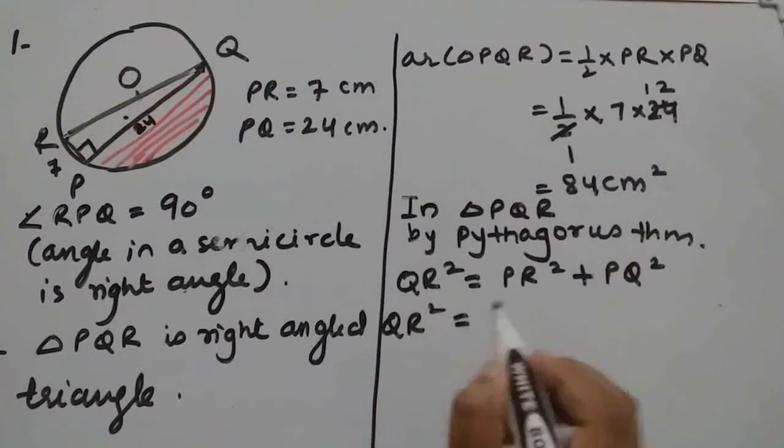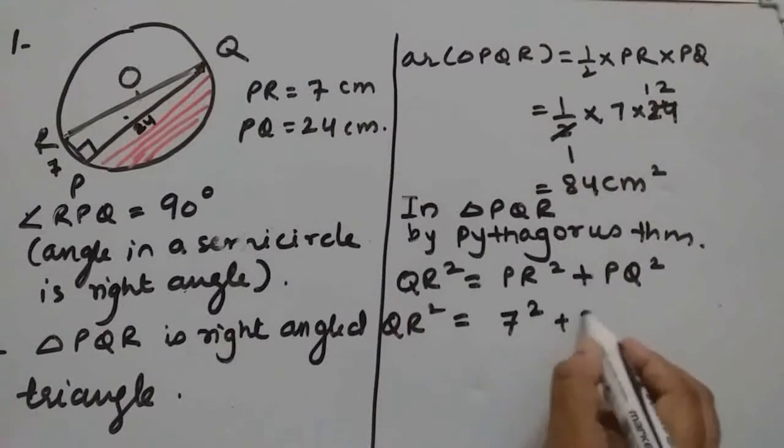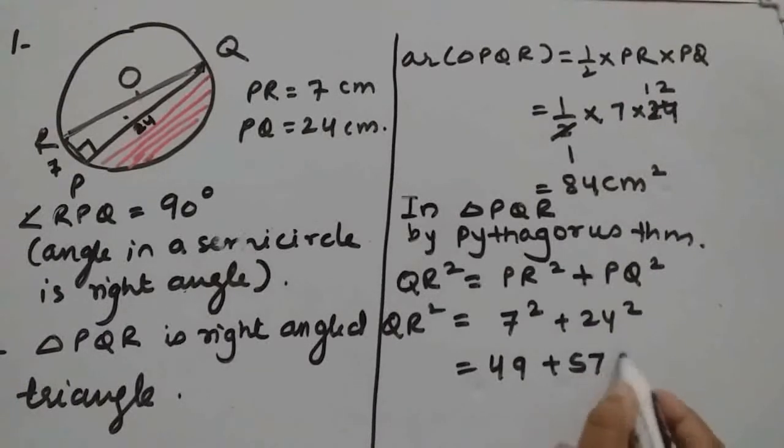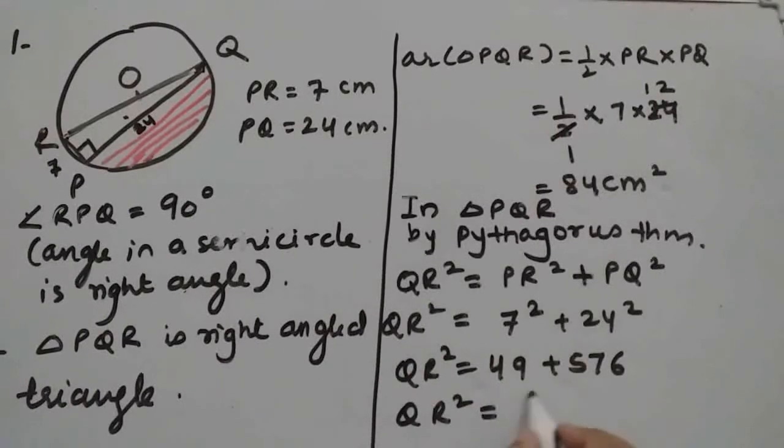Now PR is 7, so 7 square, 24 square: 49 plus 576, so that will be 625. Okay. So QR will be 25, root of 625 is 25.